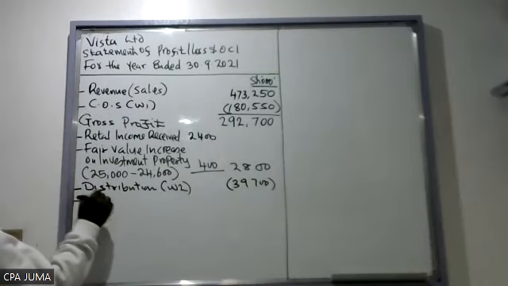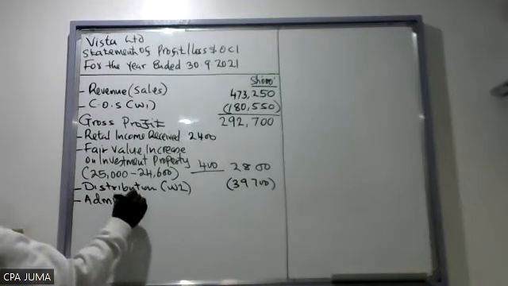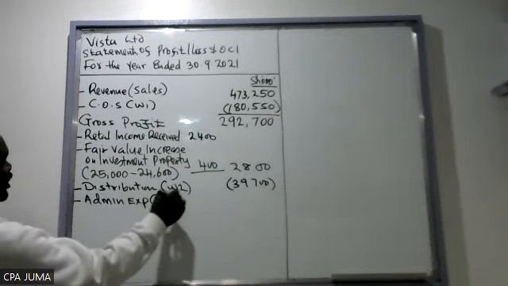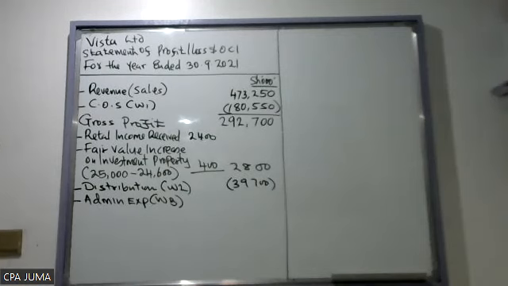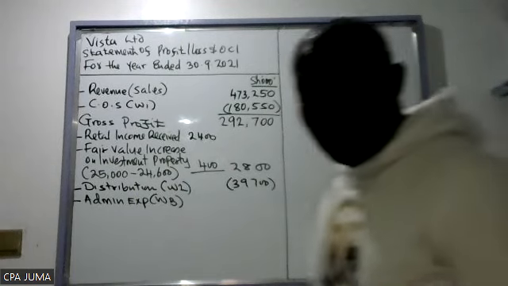Administrative expenses was working 3. So that one, 103,550.